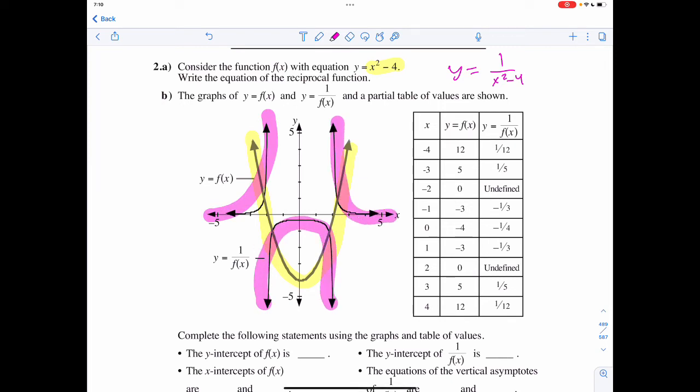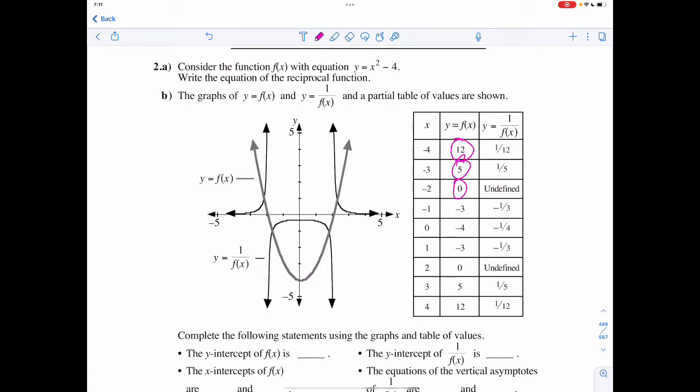It splits into 3 sections because there are 2 x-intercepts that change the area or the quadrant that it exists in. In order to find points for my reciprocal function, I would just solve for points on my original function, and then I'm going to take the reciprocal of them.